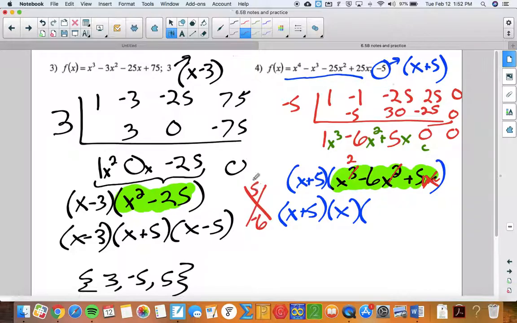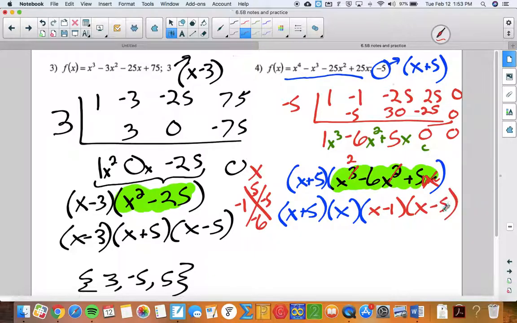If it multiplies to positive 5, either both numbers are positive or both are negative. Two positive numbers don't add to a negative, so they both have to be negative. A negative times a negative is a positive, and when you add a couple of negatives, a couple of IOUs, you get a bigger negative. So negative 1 and negative 5 are the values that work, which translates to x minus 1 times x minus 5.